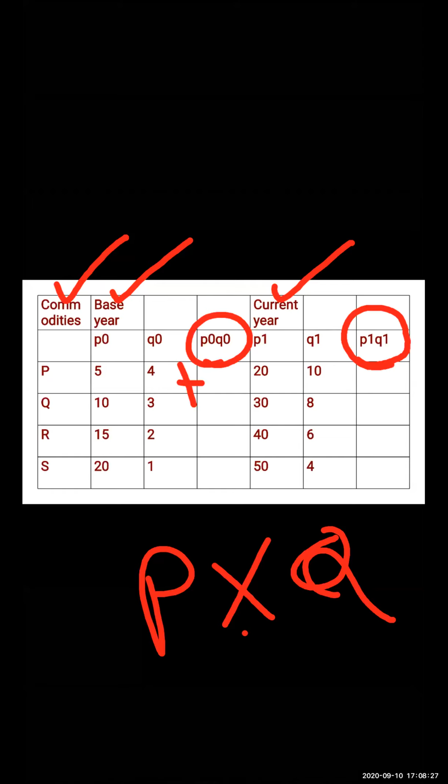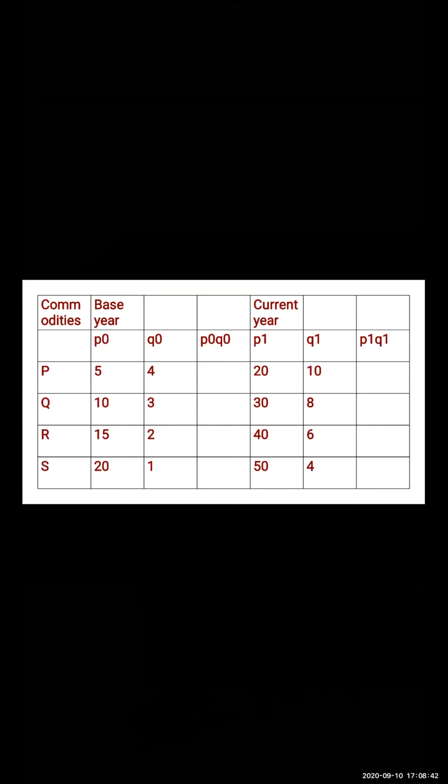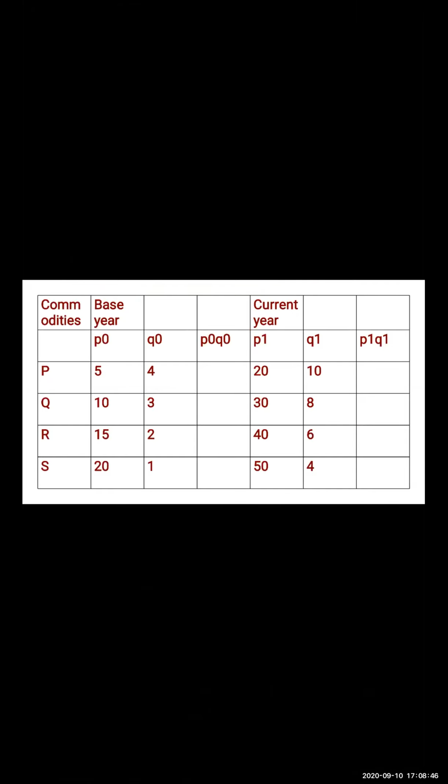Then we have to add the columns, that is summation sigma P0 Q0 and P1 Q1. First draw this table, then I will tell you all the steps. Let's follow the steps.